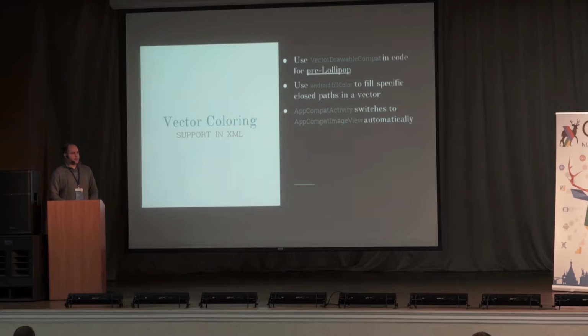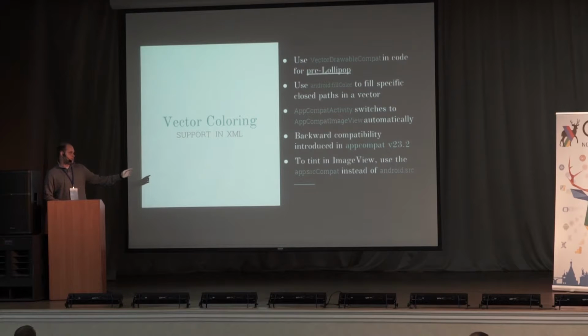And then backward compatibility is provided through AppCompatImageView. And if you're using AppCompatActivity, you automatically get switched to the AppCompatImageView without you knowing it. That's good. But the not so good thing is you have to use app:srcCompat instead of android:src.